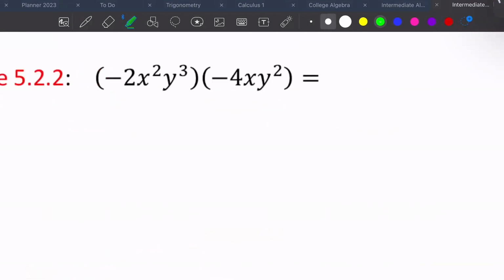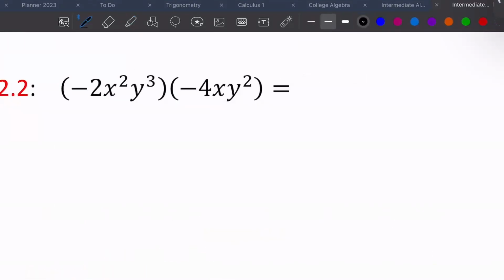Okay, this one, the only difference here is that we have x's and y's. Okay, negative 2 times negative 4 is still 8. Nothing changes with multiplying your numbers. Well, you add your exponents. So we have for x, there we go, we have 2, and there's an understood 1 here, right?